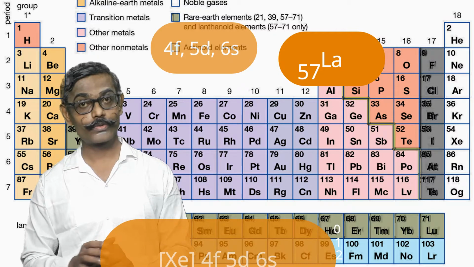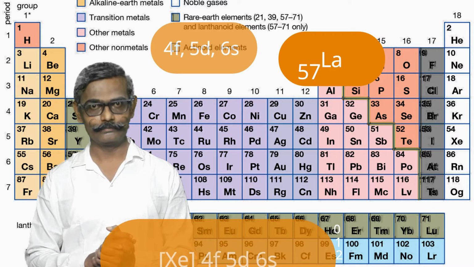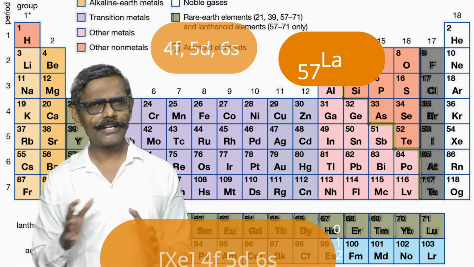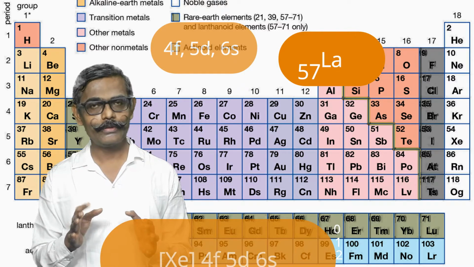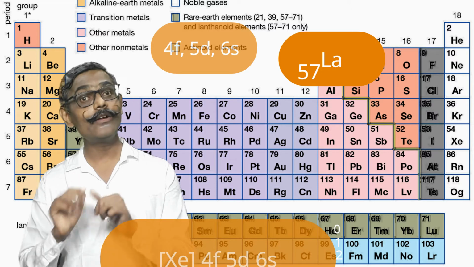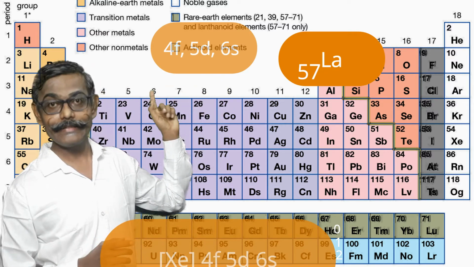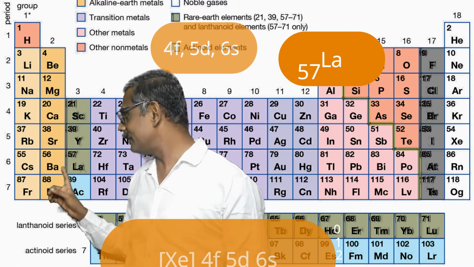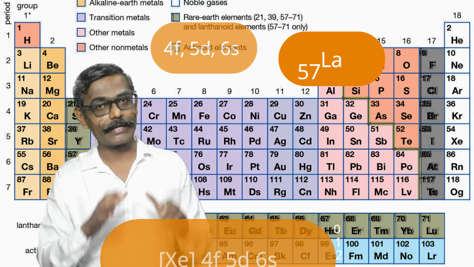Here the story is different. People thought, generally, it is in the transition series of elements, no? So the electron should enter the d orbital. So among these, which d orbital is available? The 5d orbital. So what will be the electronic configuration for lanthanum?